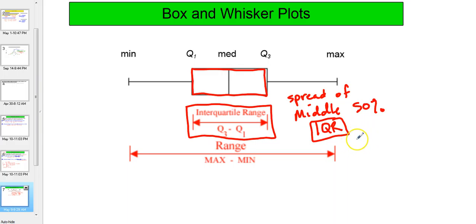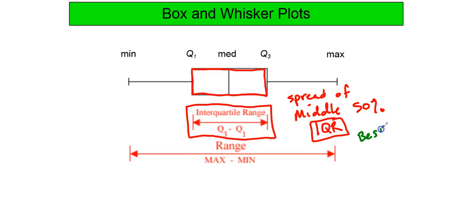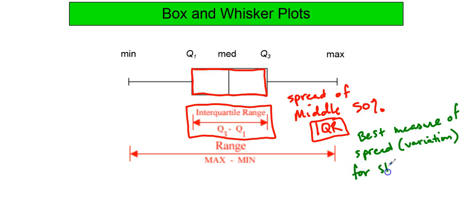So this is a better measure of spread, or the best measure of spread, or variation, if you want to use the technical term, in our data for skew or outliers.